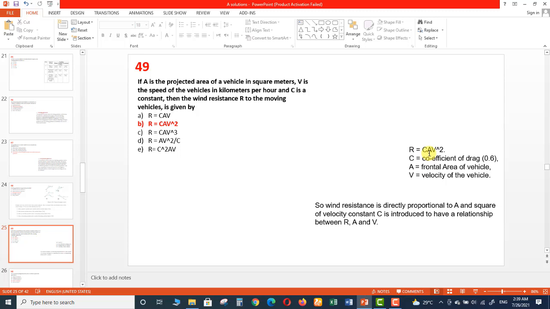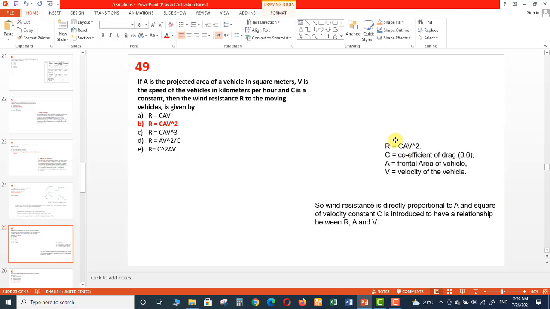So if we look into these constants or variables, C is the coefficient of drag, right? So the value of the coefficient of drag is 0.6, and A is the frontal area of the vehicle, V is the velocity of the vehicle.